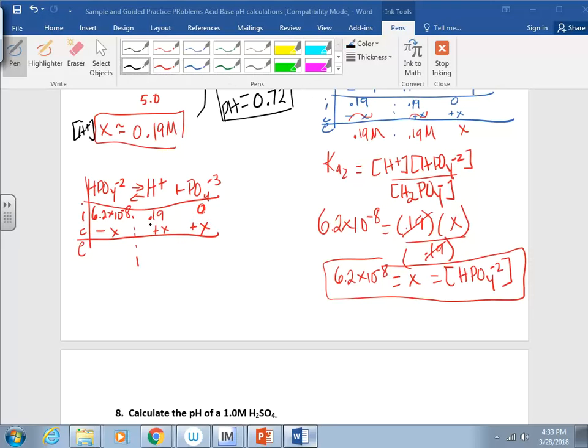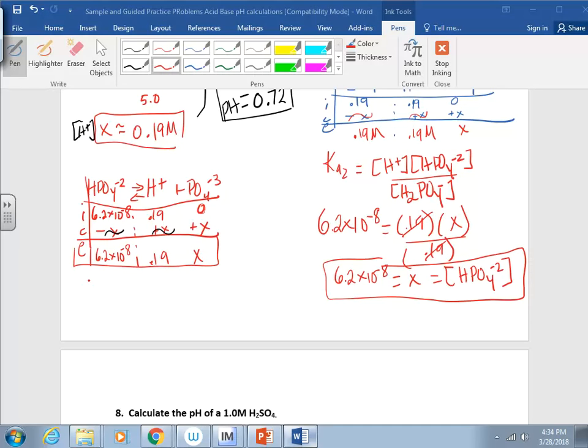Again, we can neglect the x here and here, and the reason is because we have an initial amount present, and these are extremely weak acids, so the amount of dissociation is going to be negligible, less than 5%, so we can ignore it. So that means at equilibrium, the concentration of HPO4 minus 2 is going to be 6.2 times 10 to the negative 8. For hydrogen ion, 0.19, and for the phosphate ion, x.